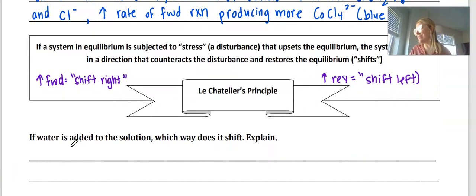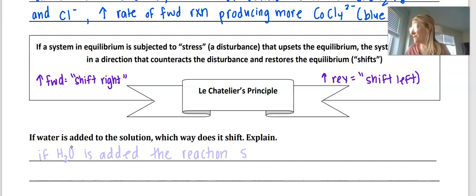So if water is added to the solution, in which way does it shift? Okay, if H2O is added, the reaction shifts. Okay, and again, we increase the rate of the reverse, so that's a shift left.